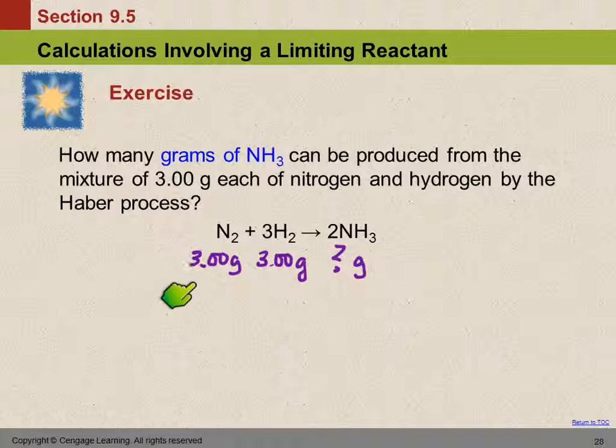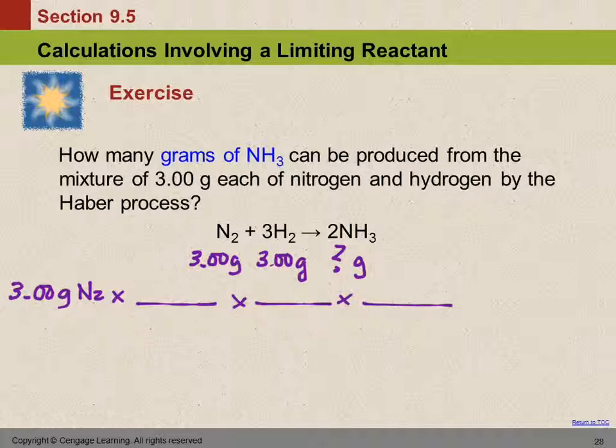So we look at this and we see they gave us 2 masses, 1 of each reactant. We need to do 2 equations. 1 for the nitrogen, 1 for the hydrogen. And our path is still grams to moles to moles to grams. So it doesn't matter which one you do first, but I usually do the first one first. Why not? 3 grams of nitrogen, and we're going to have 3 fractions. Grams to moles to moles to grams.